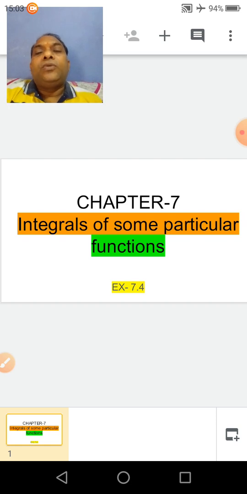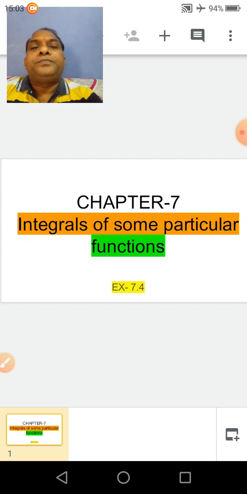Clear? So in this exercise, we are going to learn about integrals of some particular functions. Open exercise 7.4.